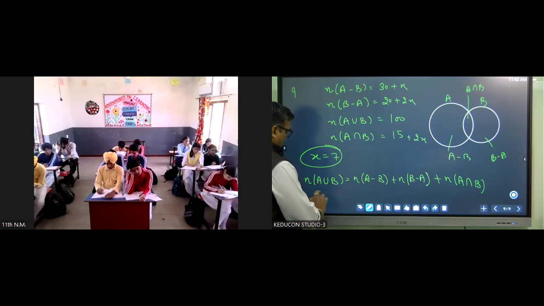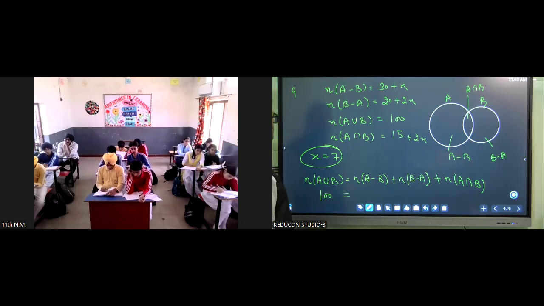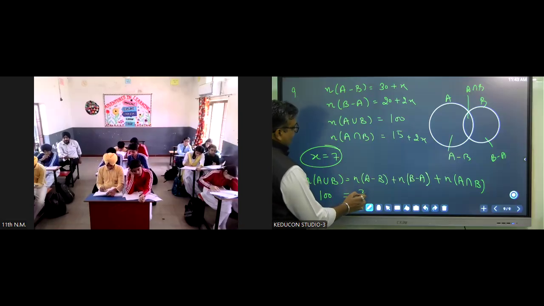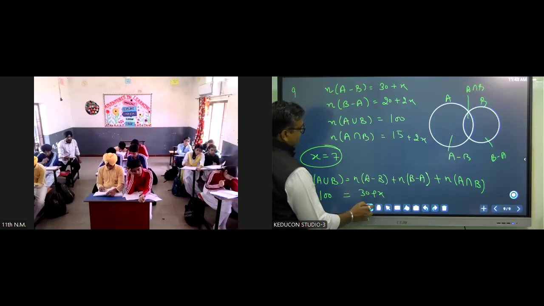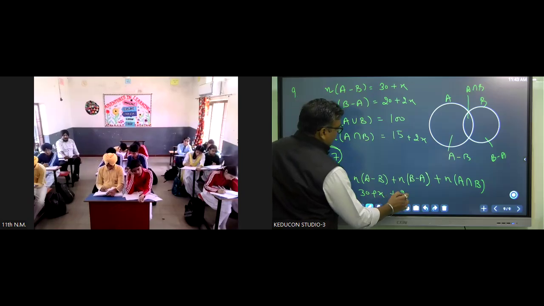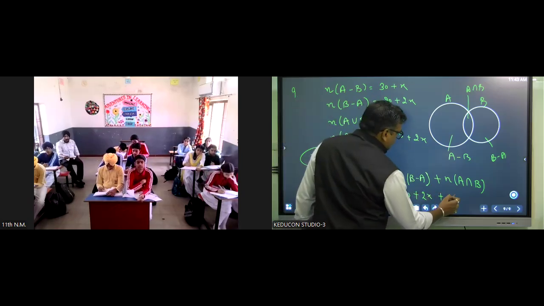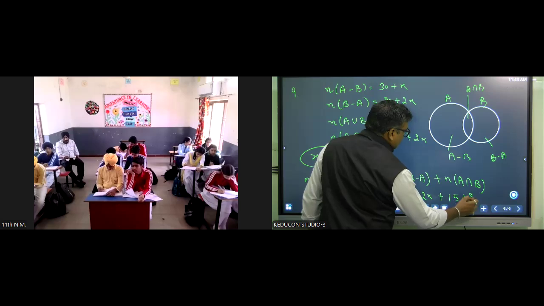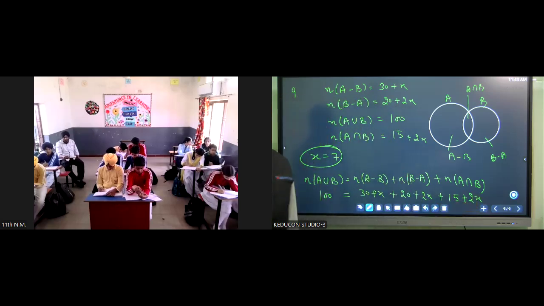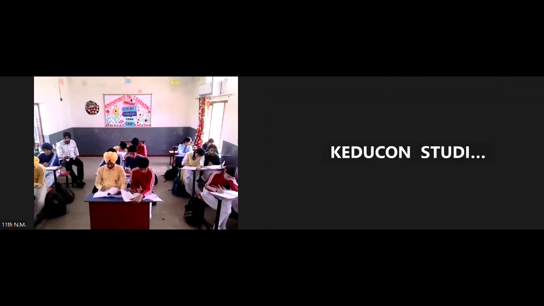So what is the value of A union B? 100. What is the value of A minus B? 30 plus x, plus 20 plus 2x, and 15 plus 2x. Solve this equation to find out the value of x. Solve it, बच्चों. Anything not clear, please ask the question.